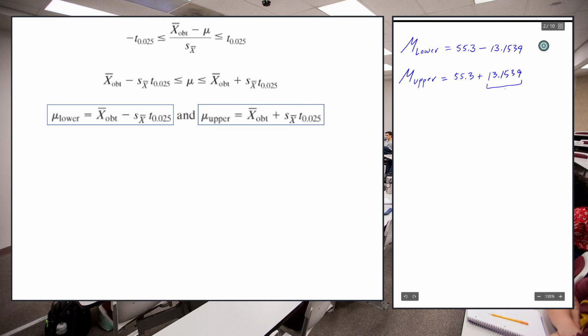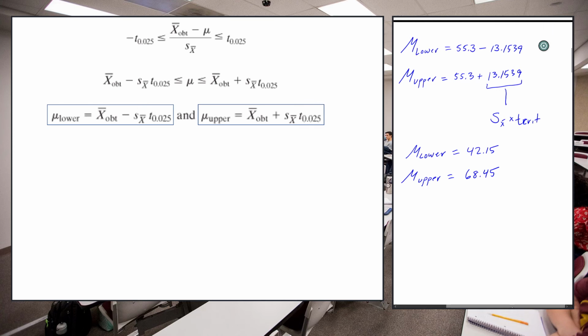And again, this value is simply our standard error times our t critical value. Okay, so with this, our mu of lower is going to be equal to 42.15, and our mu of upper is going to be equal to 68.45. Okay, so those are the upper and lower bounds of our 95% confidence interval.